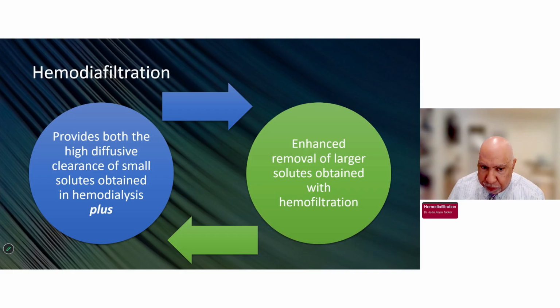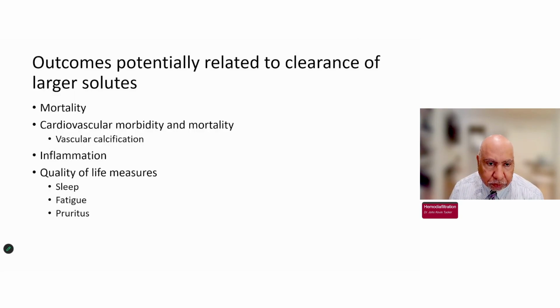So hemodiafiltration provides both the high diffusive clearance of small solutes obtained in hemodialysis plus enhanced removal of larger solutes obtained with hemofiltration. So what are some of the potential outcomes that could be related to the clearance of larger solutes?